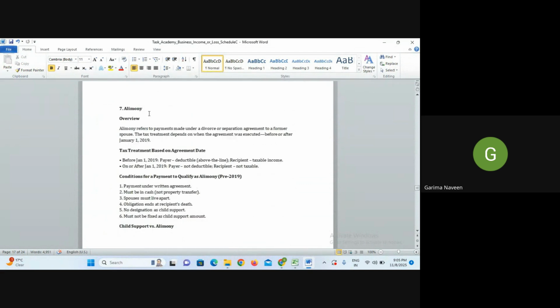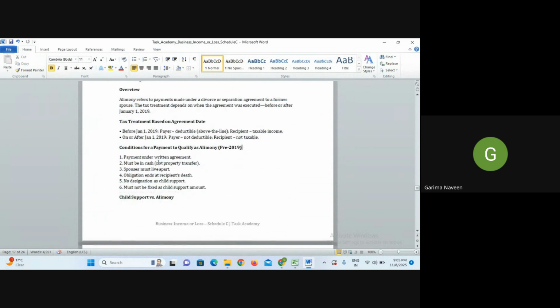Alimony, I think we already discussed it in detail. Currently, if you are paying or receiving any alimony, it is not included in your Form 1040. Neither do you get the deduction if you are paying, nor will this income be taxable if you are receiving.